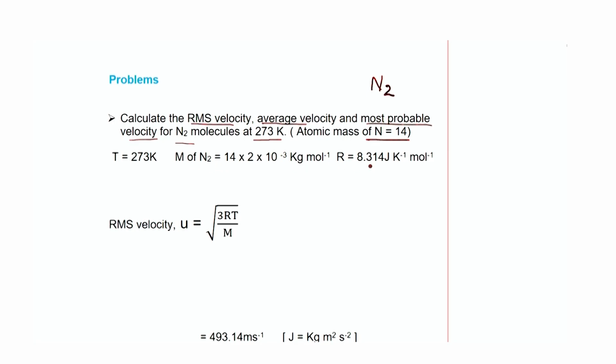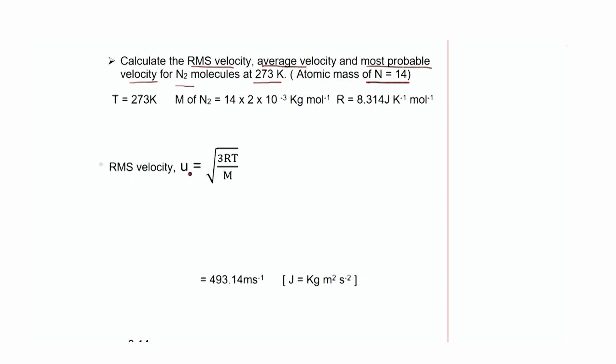R is equal to 8.314 joules per Kelvin per mole, that is its unit in the SI system. Now, we have the expression for RMS velocity, u is equal to square root of 3RT by m.